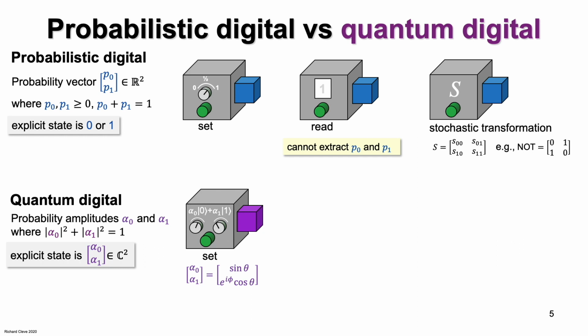The amplitudes alpha 0 and alpha 1, which are complex numbers, can be expressed in a polar form in terms of two angles. Well, arguably there are 3 degrees of freedom. However, it turns out that one of them doesn't matter. So we can tune the two dials to specify any state within some precision, and then we press the activation button, and the qubit is set to the state that we specified.